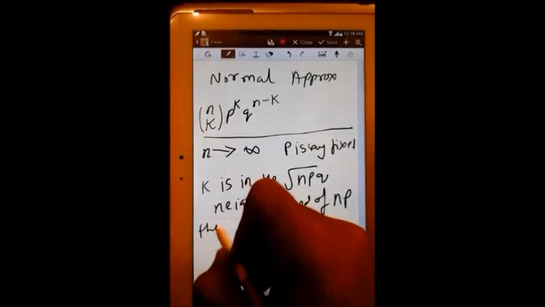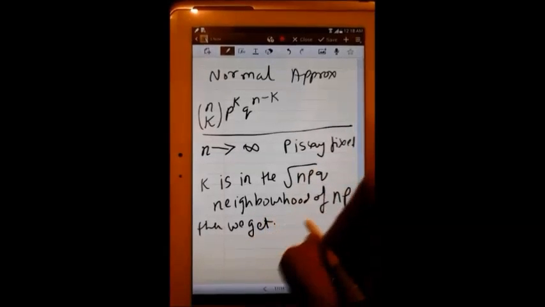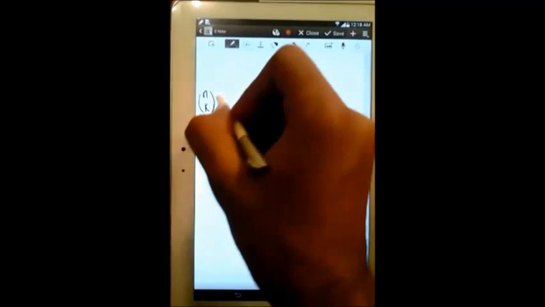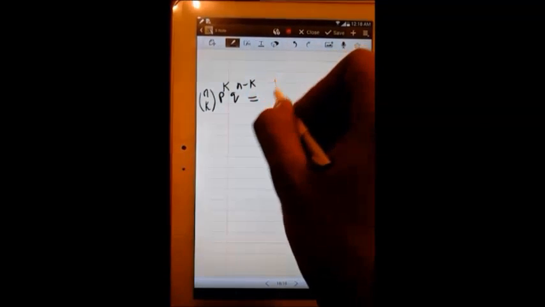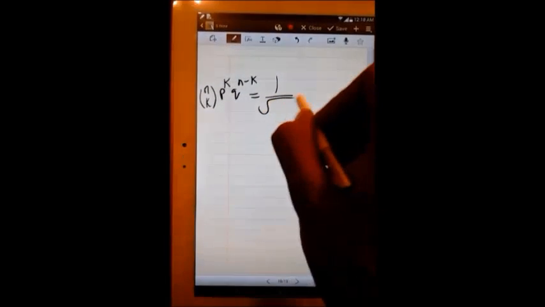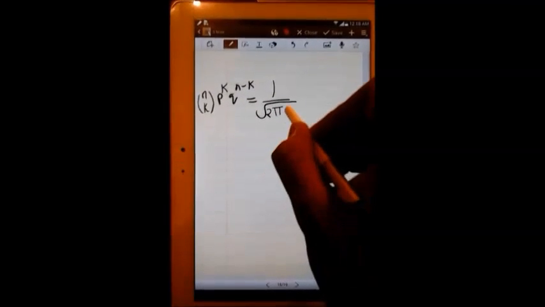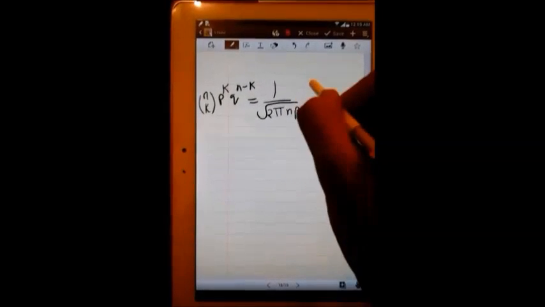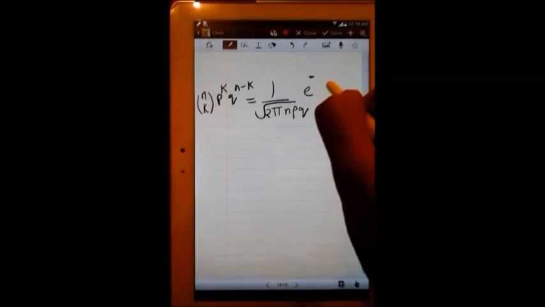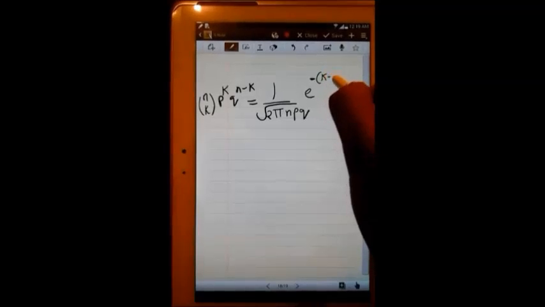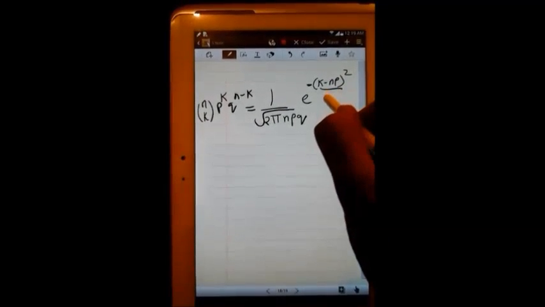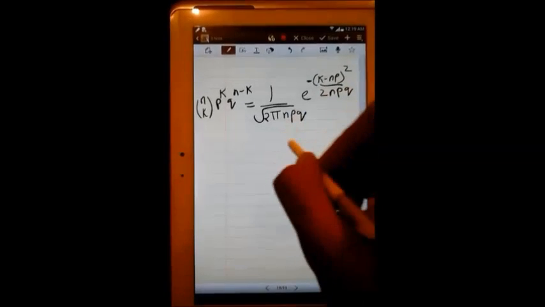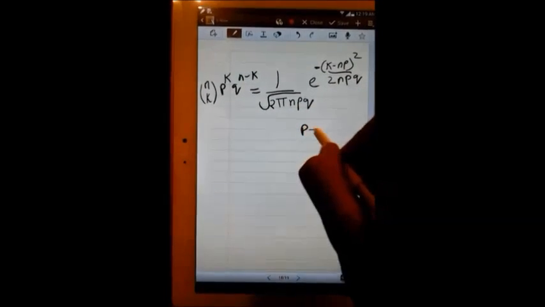Then we get the approximation as: n factorial, n combination k, p raised to k, q raised to n minus k is equal to 1 upon under root 2 pi npq, e raised to minus (k minus np) the whole square upon 2 npq, and here p plus q is equal to 1.